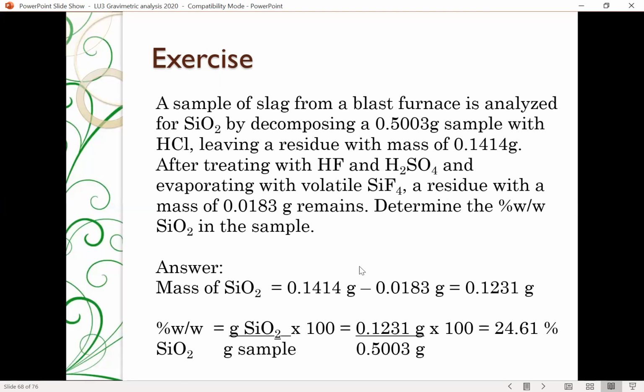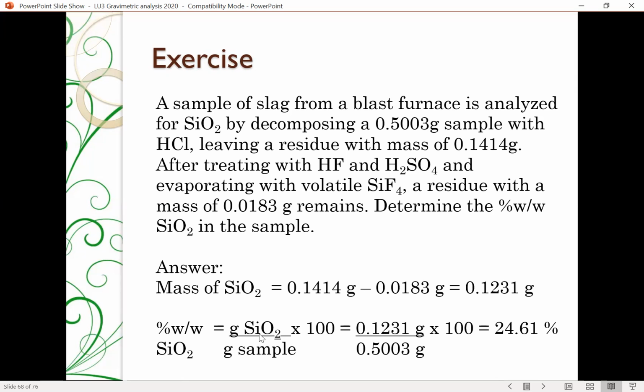Okay, so this is before volatilization and this is after volatilization. So you get the mass of SiO2 volatilized, which is 0.1231.